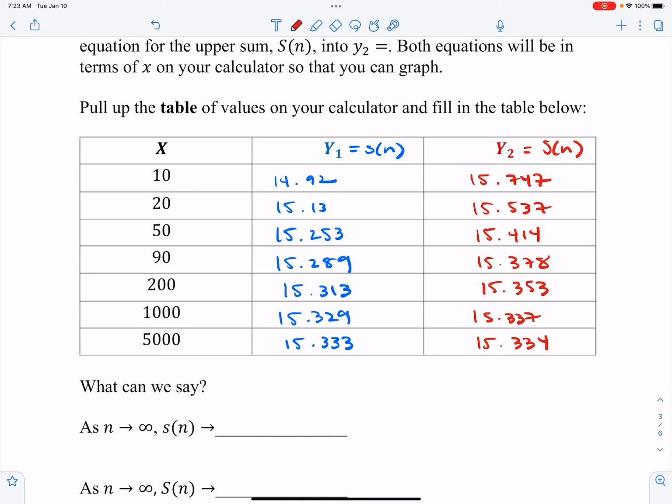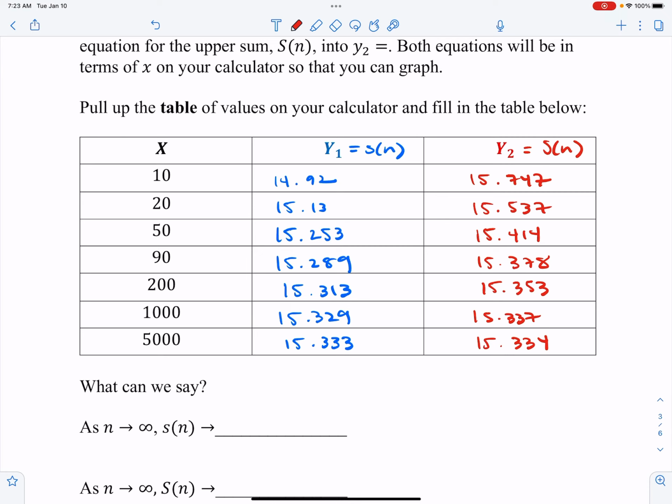So these different values of x represent using different numbers of rectangles to approximate the area under the curve, bounded by the curve, the x-axis, and on the interval from 0 to 2. So our lower sum approximation for 10 rectangles would be 14.92 approximately. Our upper sum approximation would be 15.747. And then notice what's happening as we're using more and more rectangles.